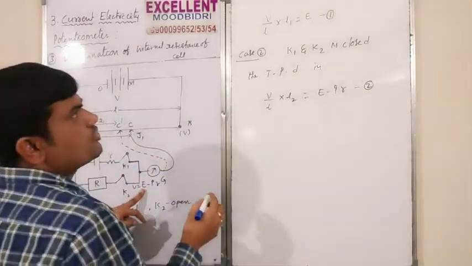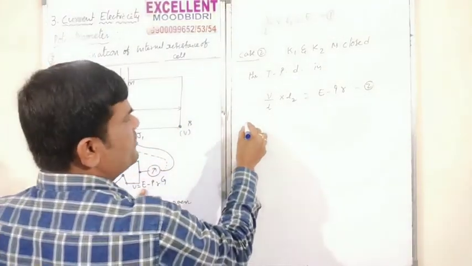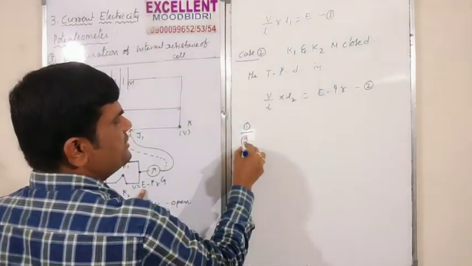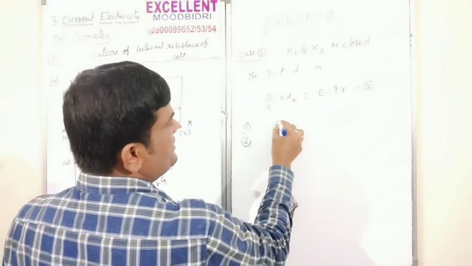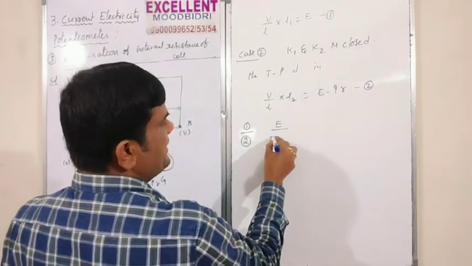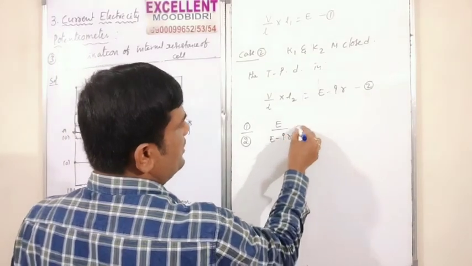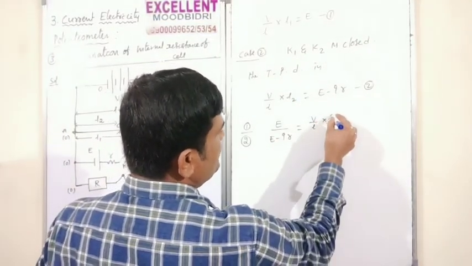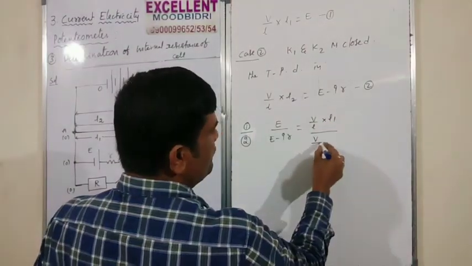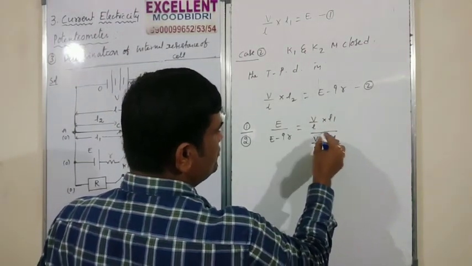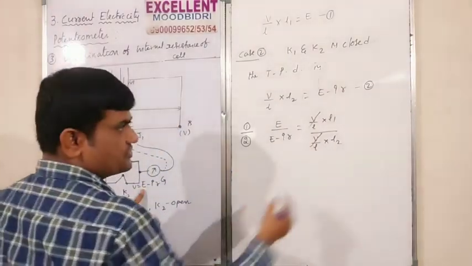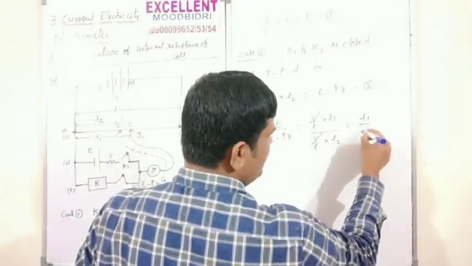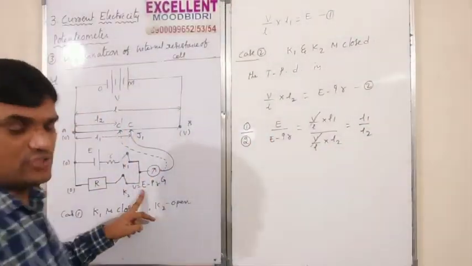Now we will do equation 1 divided by equation 2. So E by E minus I R is equal to V by L into L1 divided by V by L into L2. This cancels, and L1 by L2 comes.